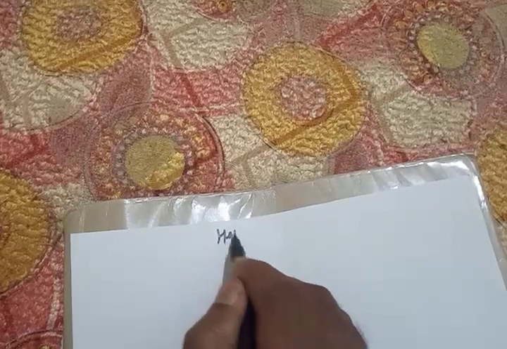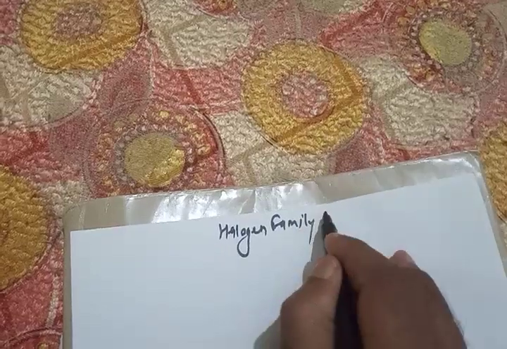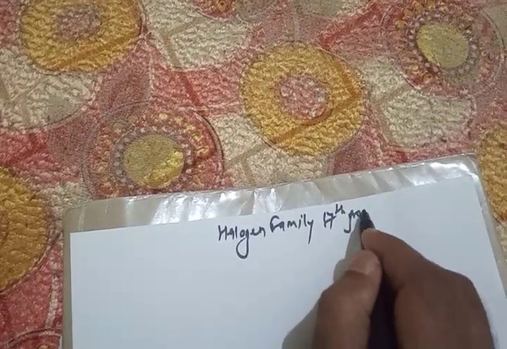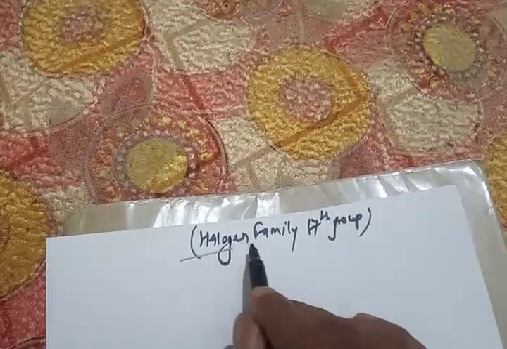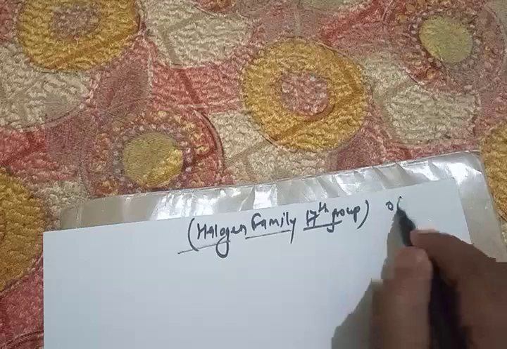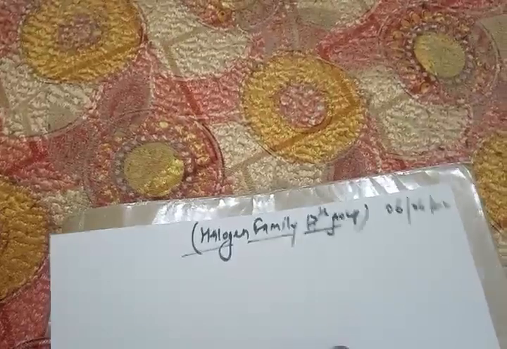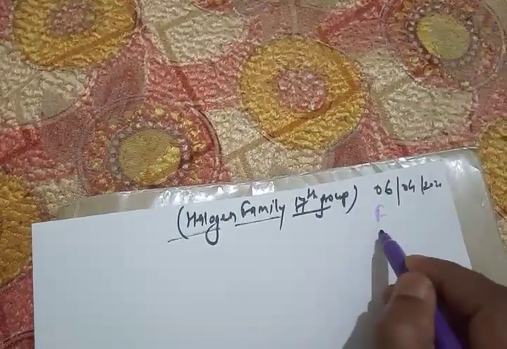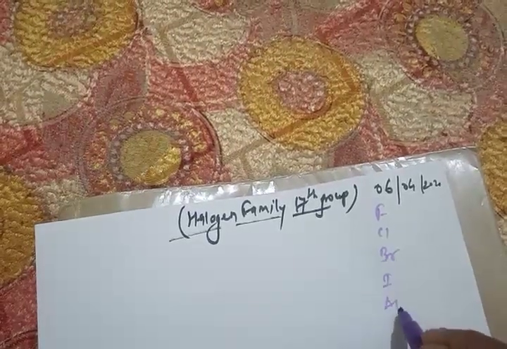Welcome back, class. So this is the last topic of organic chemistry, and that is the Halogen family. The 17th group members we are talking about are fluorine, chlorine, bromine, iodine, and astatine.